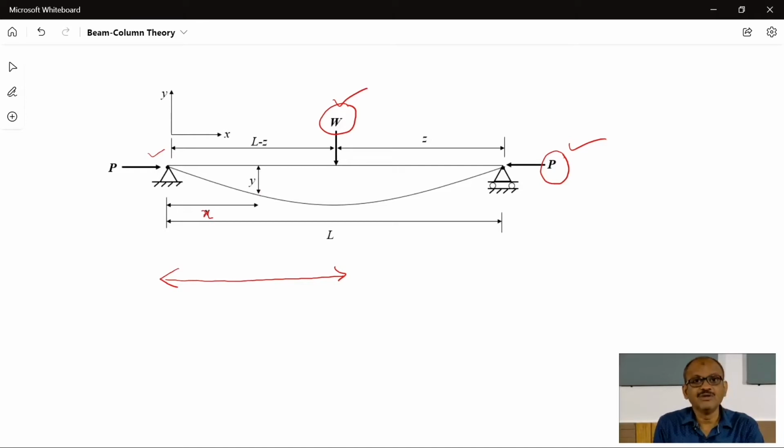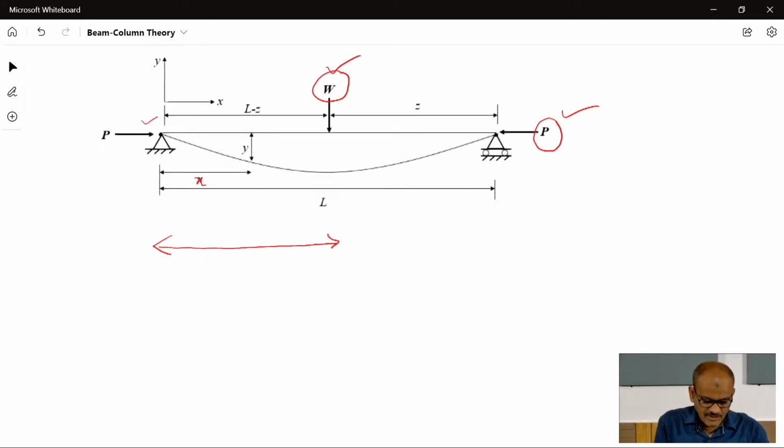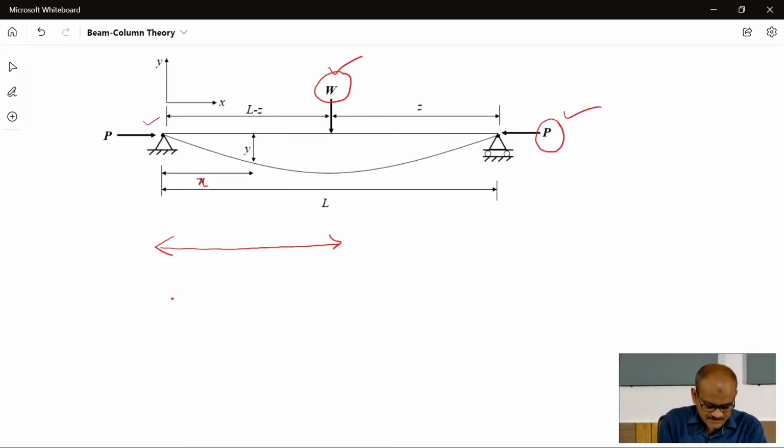We write the equilibrium equation the way we did in our previous lecture. This is the part of the beam column, I am drawing it. Here the load applied is P, and this is y, and the load applied here is again the same P, and this is the shear.